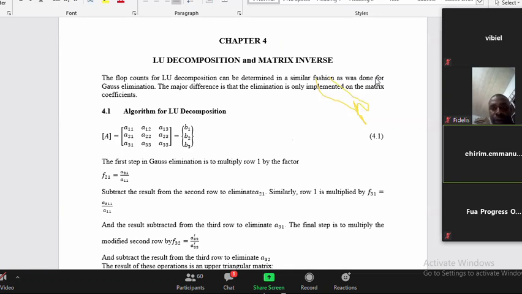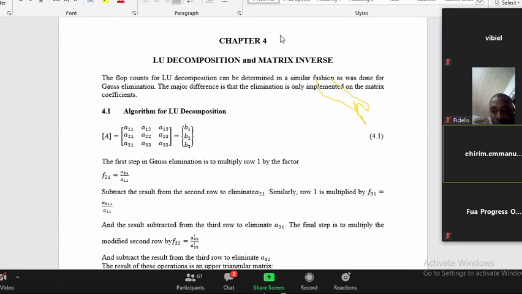All right? So we are going to do inverse and LU decomposition. Matrix A, you can see matrix A, right? A11, A12, A13, A21, A22, A23, all right?